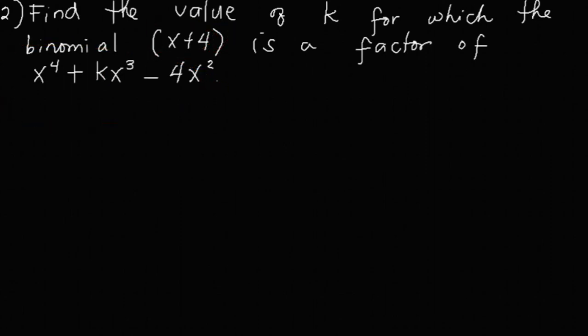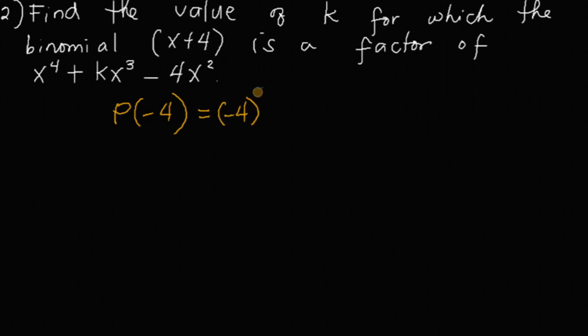So, kapag factor, ang remainder natin ay 0. Tama? So, meaning, to find the value of k, let us rewrite first, no? So, p of negative 4, since ang ating c is negative 4. We have, yung x natin, papalitan natin siya ng negative 4, di ba?